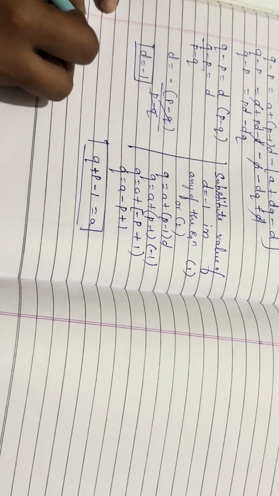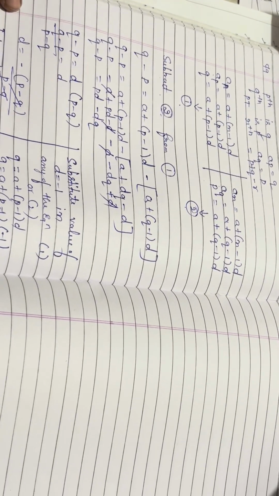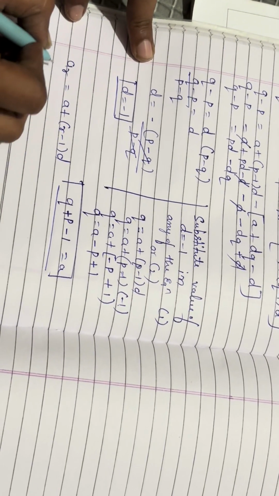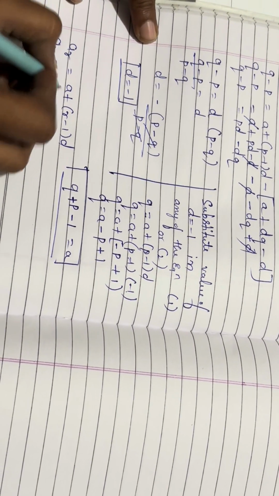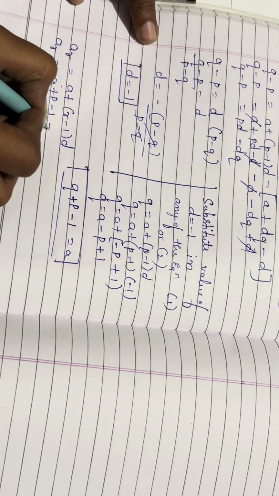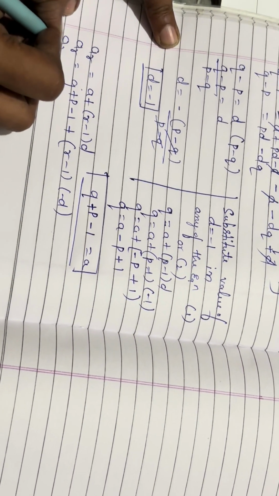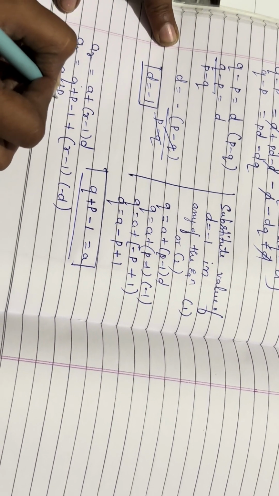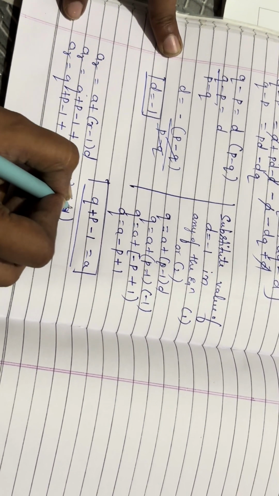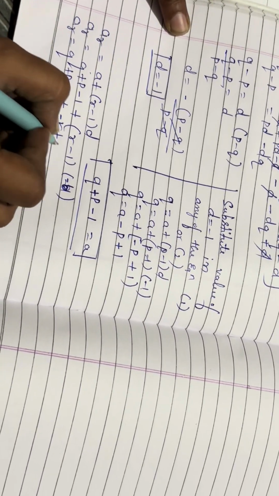We have to find out the rth term, A_r, as P plus Q minus R. A_r is equal to A plus R minus 1 into D. A_R is equal to, A means Q plus P minus 1, plus R minus 1 into minus 1. A_R is equal to Q plus P minus 1, multiply minus 1 minus 1 with R. You get minus R plus 1.